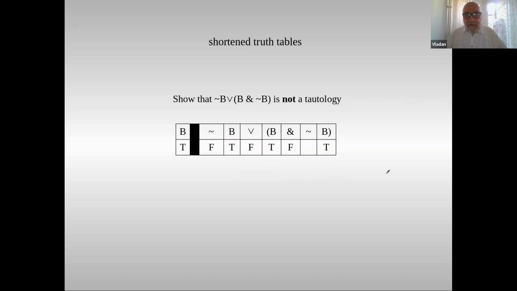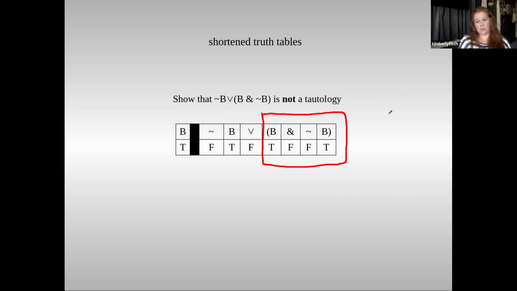So we put a T under B, and now we need to see whether we have everything consistent here, because on the left side we already did everything we could. So if B is true here, its negation must be false. Is everything consistent here? Yes, we have T and F, and this is false. So the line is consistent.